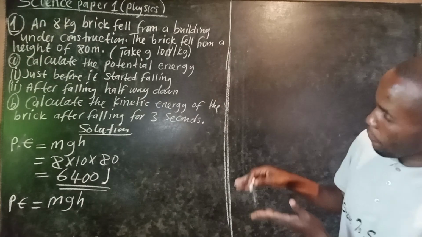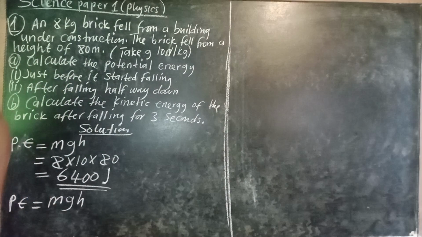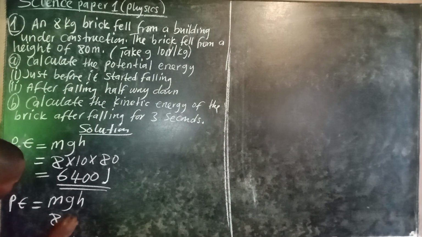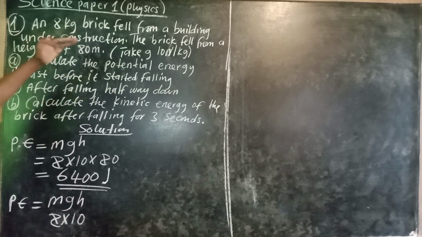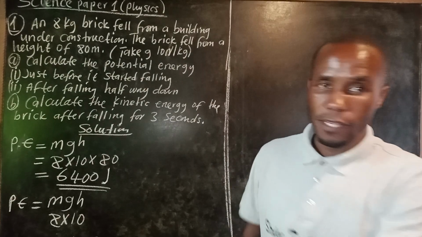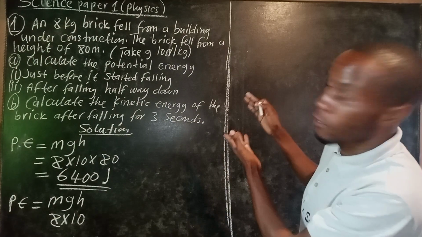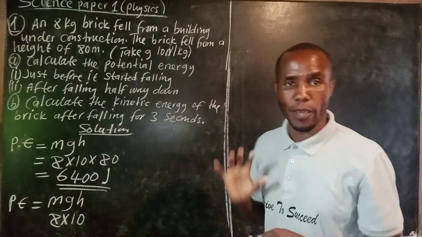So now from there we can substitute as usual. Mass, we are going to use the same one, which is 8, times gravitational force 10. What about height? Because the object started falling down, according to the statement, they are saying halfway down, meaning half of that distance which we have.